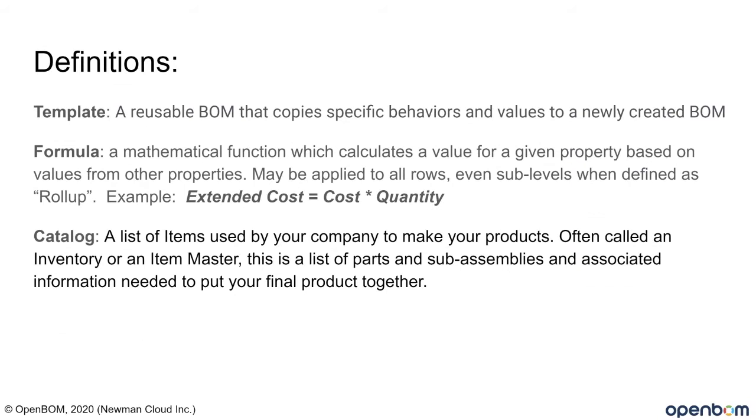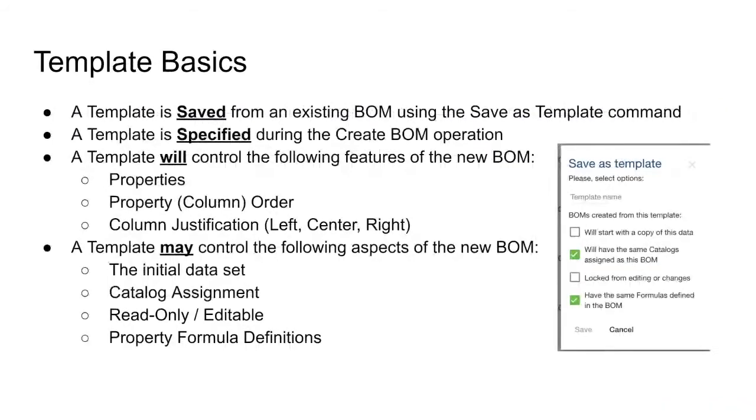You think of it as a BOM that has the configurations and settings in it that you want, and when you start a new BOM, we just make a copy of that and move on. Formulas and catalogs are defined here. I think everyone probably knows what those are, but for reference, there's a little bit of definition there. A catalog is a list of all the items that you use to create your products. There's a lot more information on formulas and catalogs available.